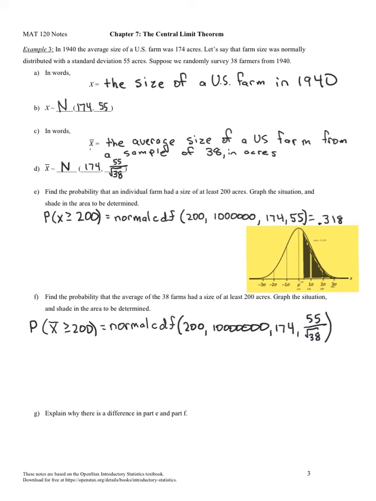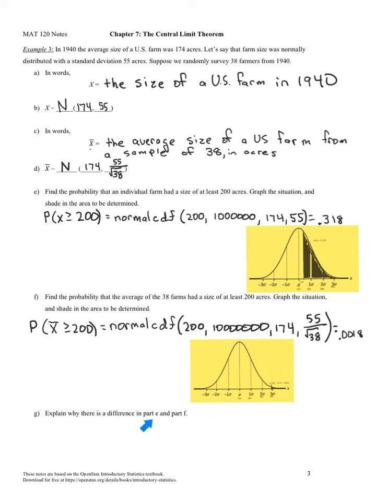When we do this, we'd come out with about 0.0018. Let's take a look at a graph of this as well. We have a very, very small percentage being greater than or equal to 200.